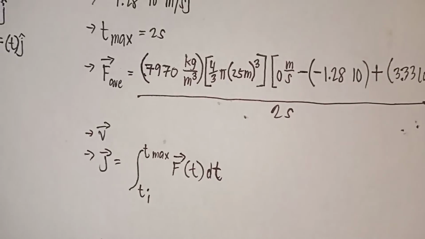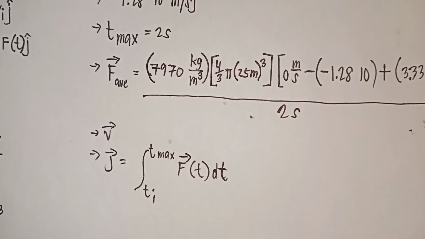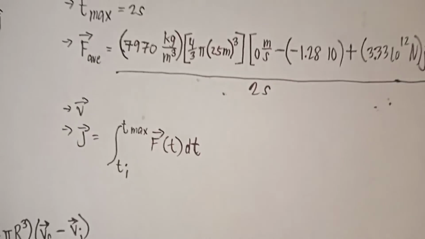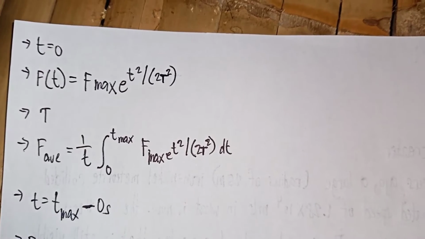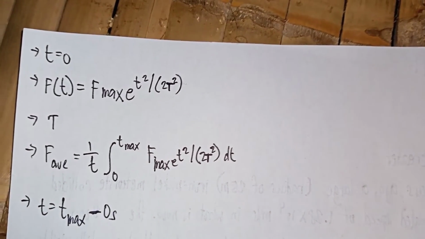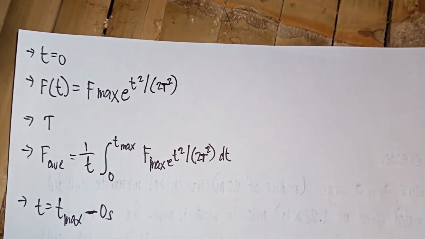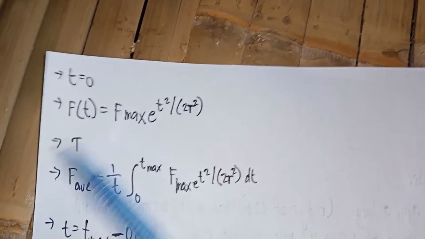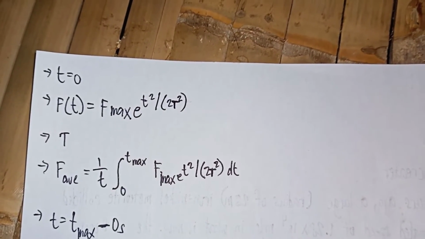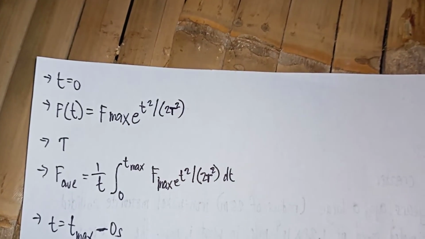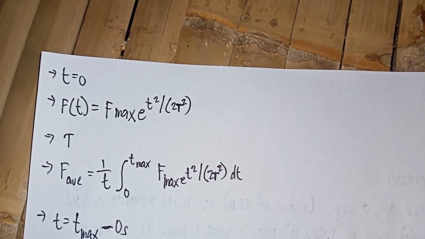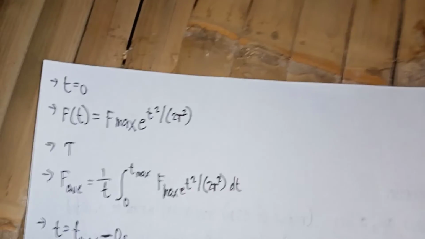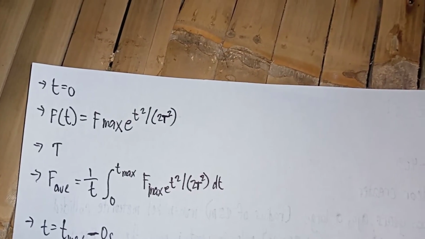The impulse is related to the force function by this formula. So we need to make a reasonable choice for the force as a function of time. So we define t is equal to 0 at the moment the meteor first touches the ground. We assume that the force is maximum at impact and rapidly drops to 0.